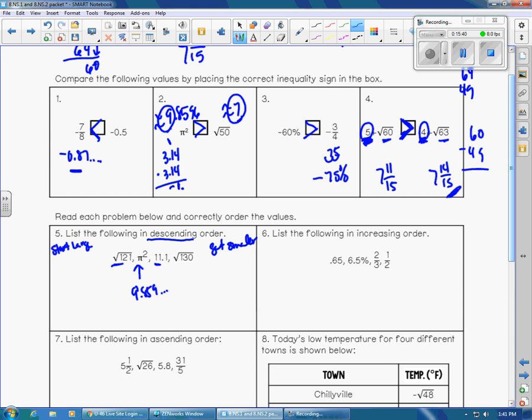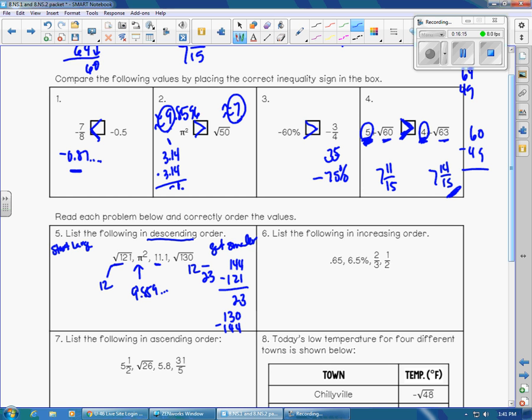The square root of 121, that's a perfect square, isn't it? So that one's going to be 12. And the square root of 130, we'd have to figure that out. It's going to be greater than the square root of 121, so it's going to be 12 and something, and less than the square root of 144. So 144 minus 121. 23, and then 130 minus 144.